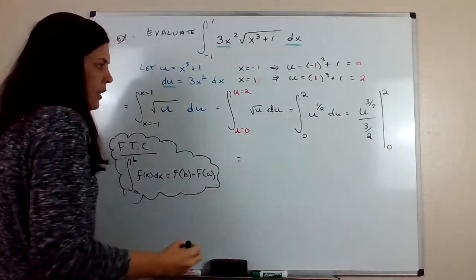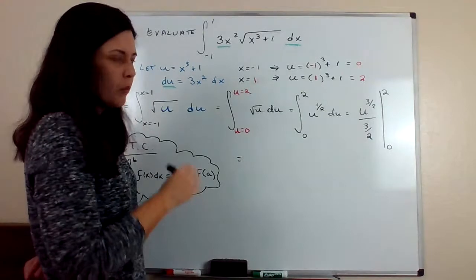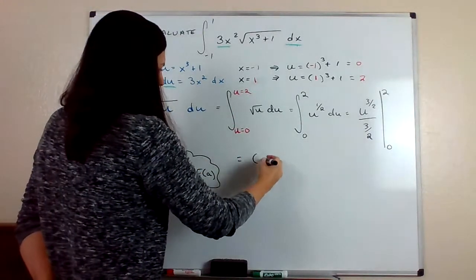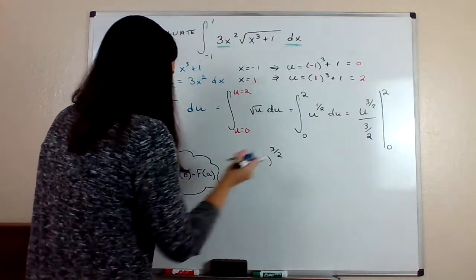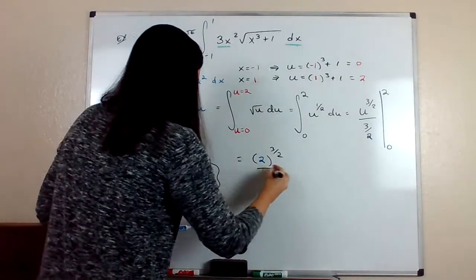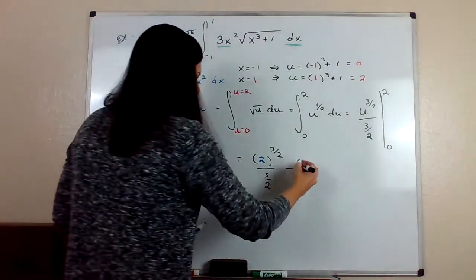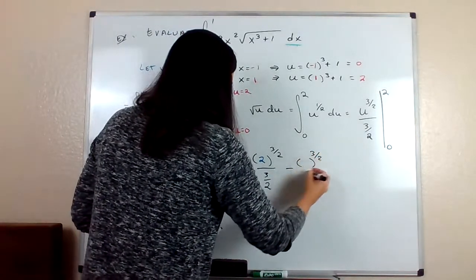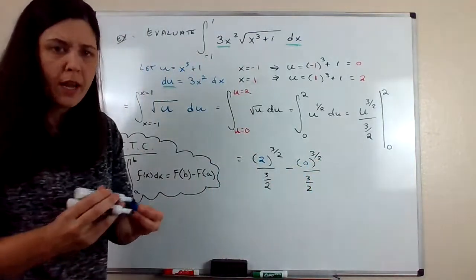So we have, let's make this look a little bit better really quick. I'll do it in the next step. We're good. We'll just do it like this. So I have 2 as my upper limit, and then I plug that in to my antiderivative, and then I subtract, plugging in my lower limit. What I was going to do a second ago was simplify, but I'm going to just simplify now.